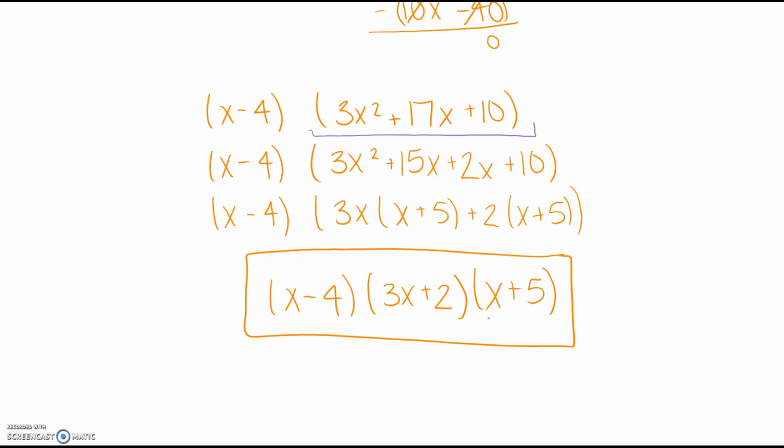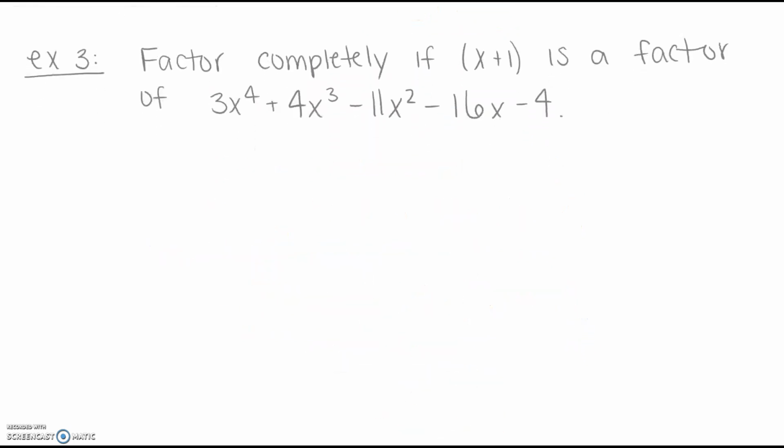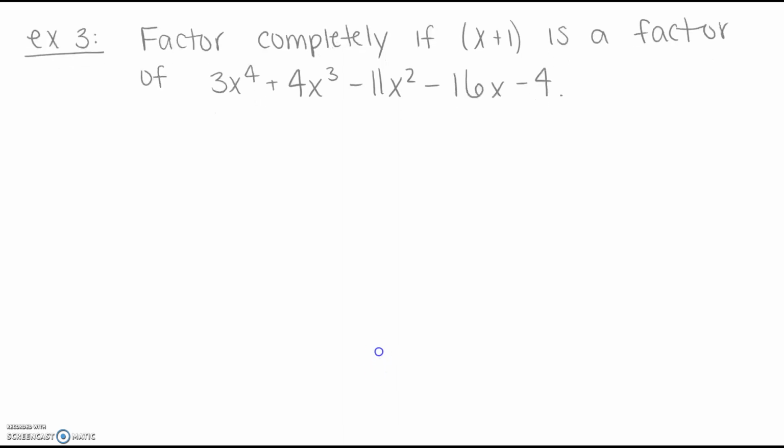Let's move on to one more, example 3. So factor completely if x plus 1 is a factor of 3x to the 4th plus 4x cubed minus 11x squared minus 16x minus 4. I would recommend pausing the video, and if you guys want to try to do this on your own or with your groups, go for it, and then I'll go over it as well.